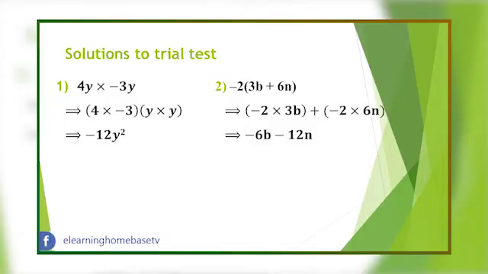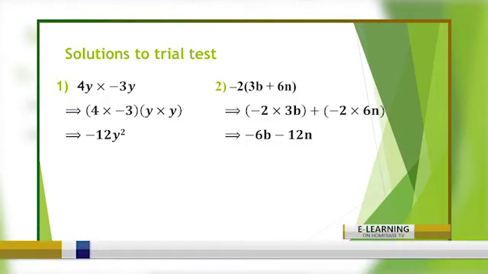Welcome back from the break. Now, these are the solutions to the trial tests. So the first question, 4y times negative 3y. I hope you got the right answer. Good. Let's move on to number 2. Hope you got the right answer. Very good.